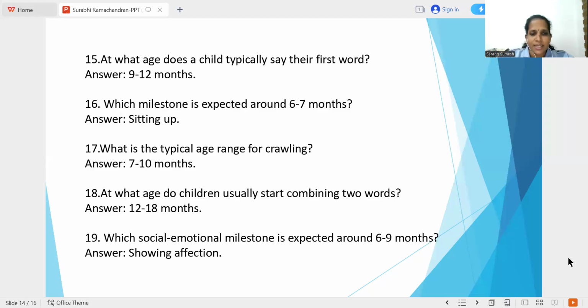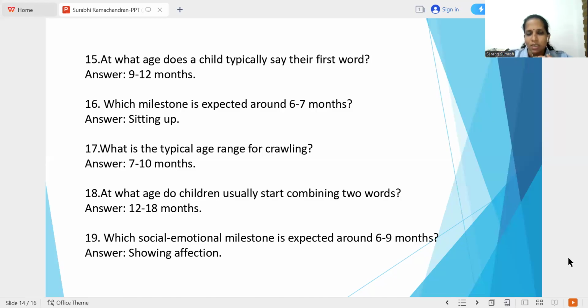At what age does a child typically say their first word? We already discussed in the milestones, in the infancy period they will make sounds and start with small words, especially at the end of infancy, so 9 to 12 months. Which milestone is expected around 6 to 7 months? Sitting up, maybe with support or without support.